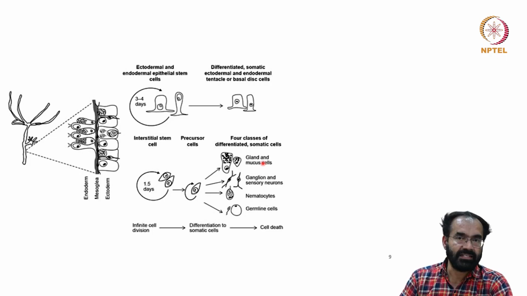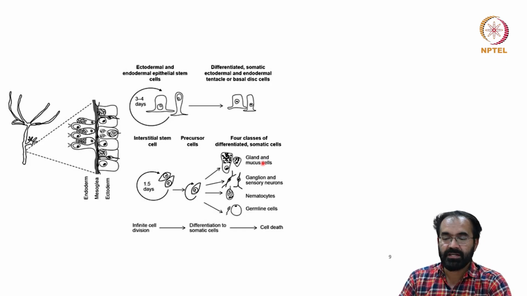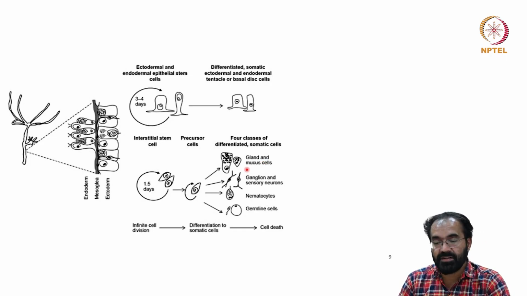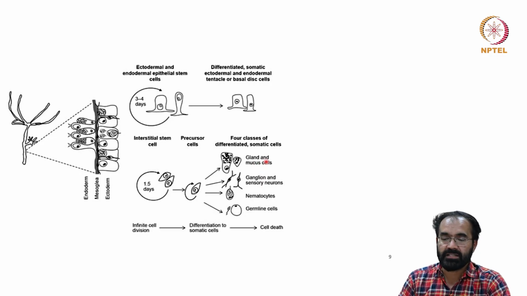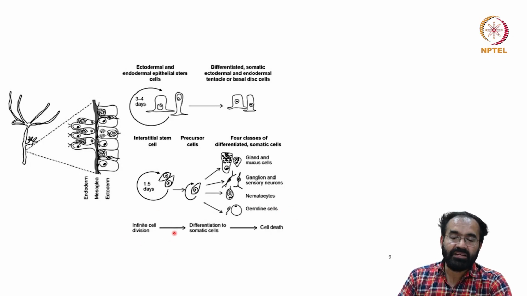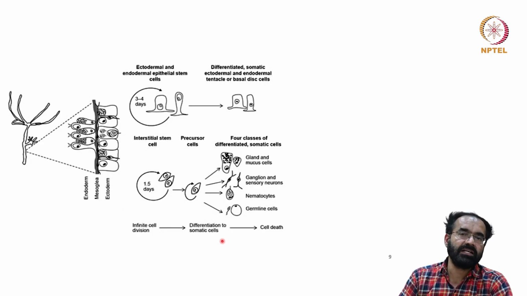It has been shown mainly to help you understand that the newly formed Hydra, as a part of regeneration, keeps producing every cell that is present in the organism: gland and mucous cells, ganglion and sensory neurons, nematocytes, germline cells, etc. And this is an infinite cell division that constantly keeps going, because Hydra cannot die, it constantly keeps producing new and new, just like bacteria.